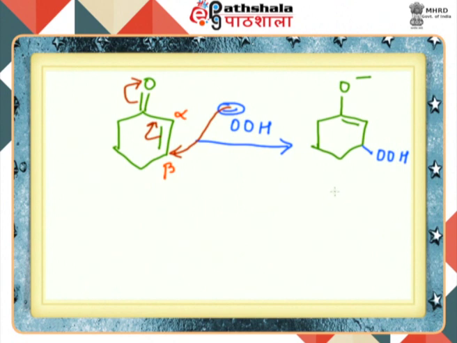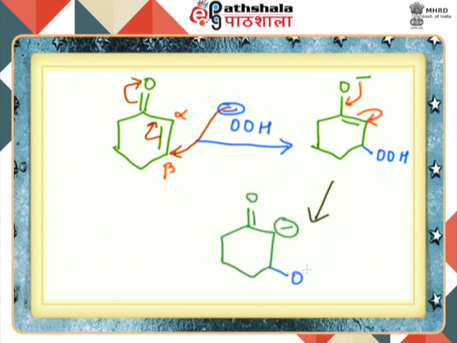Now further what happens is these electrons will be coming back and on this carbon they will result in a carbanion. Further, this carbanion will be attacking this oxygen and there will be removal of this OH minus.